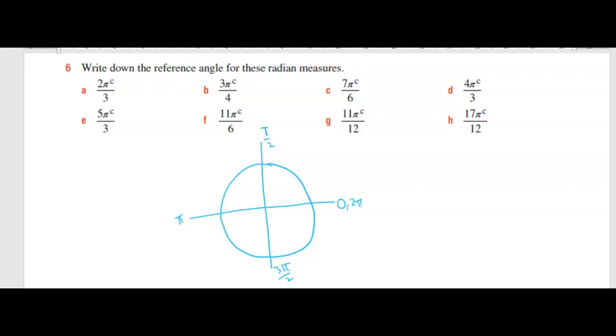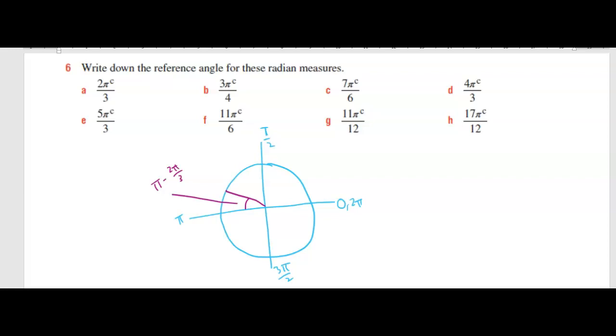So 2 pi on 3. Now, we're not quite before pi, so 2 pi on 3 is here. So this angle, just like we did before when we did 180 minus, we're just going to be doing pi minus 2 pi on 3.